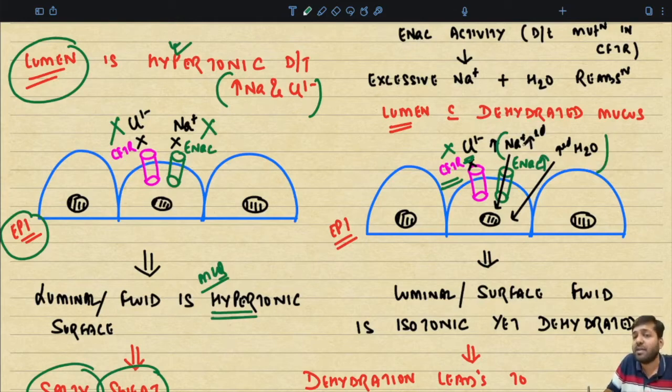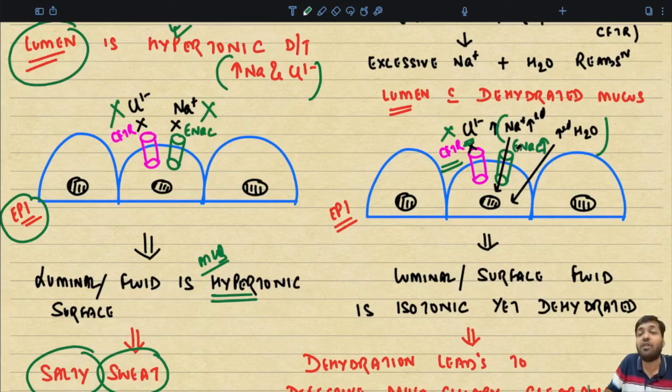Because the sodium is reabsorbed, and it is osmotically active, it is also going to take an excessive amount of water with it. So in case of cystic fibrosis, if you are looking at the respiratory or the intestinal epithelium, the lumen now contains little chloride, little sodium, and little water.